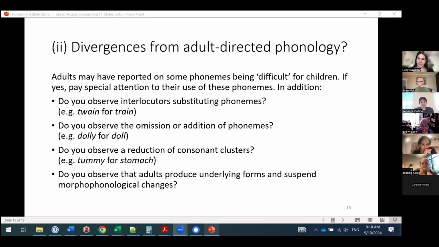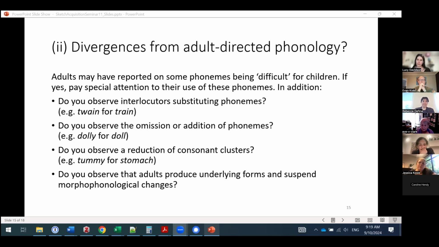So another common divergence from adult-directed phonology is a change in the phonemes that are used. So adults often report that some phonemes are difficult for children, some sounds difficult for children, and so they tend to make substitutions.